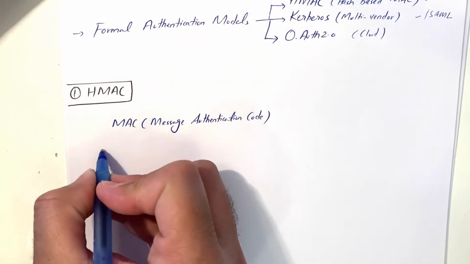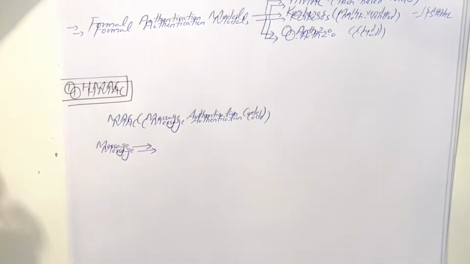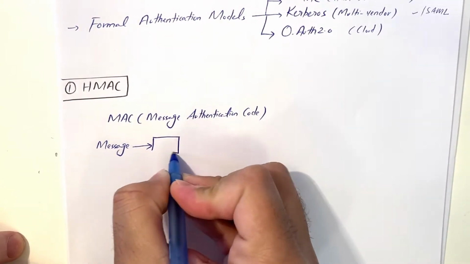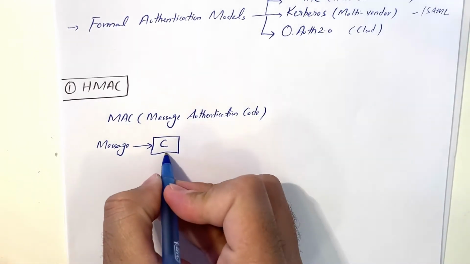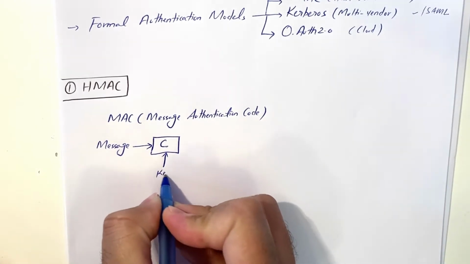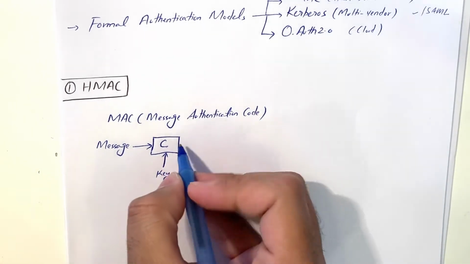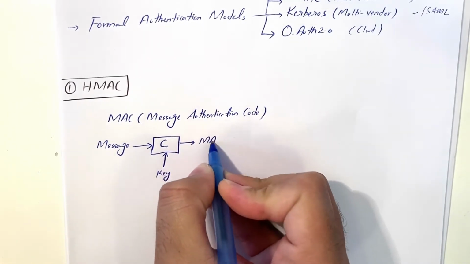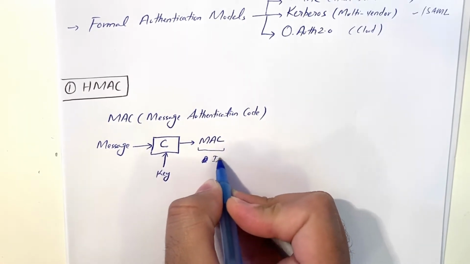Typically, let's say this is your message or plain text. If we use an authentication function, it requires a key. So a pre-shared key, both sender and receiver should have this key to generate the message authentication code. This message authentication code is, first of all, irreversible.